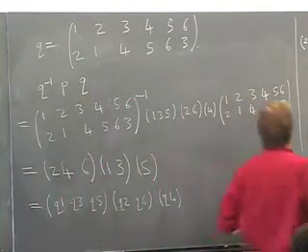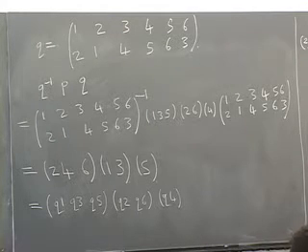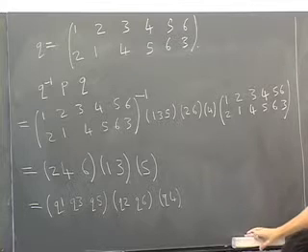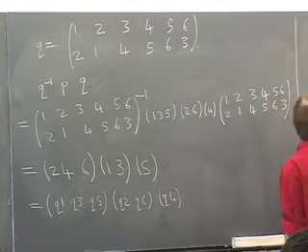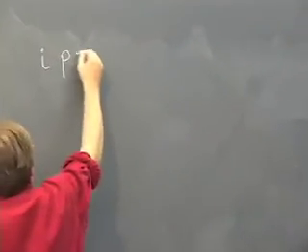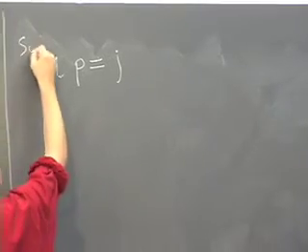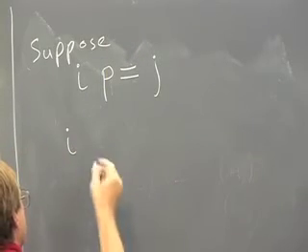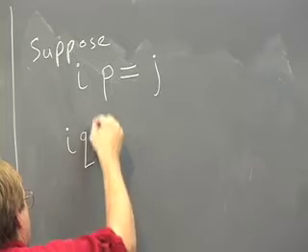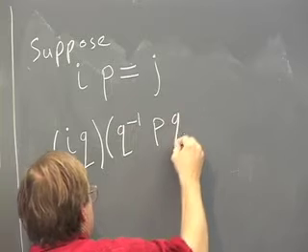So, in case that's not obvious, let me explain slightly more carefully why that's true. The key point is the following formula. Suppose I is sent by P to J. And now what are we interested in? We're interested in I, where I acted on by Q is going to be sent by the product Q inverse PQ.